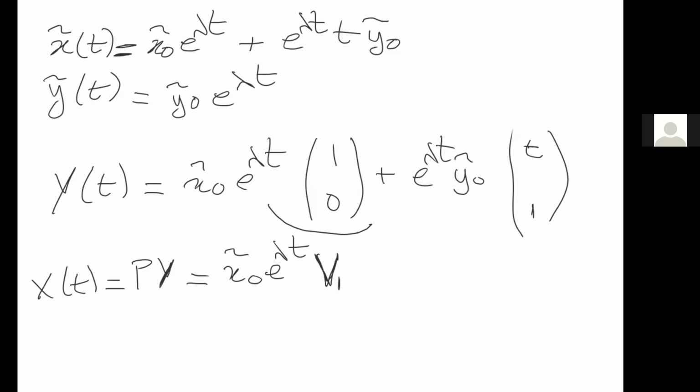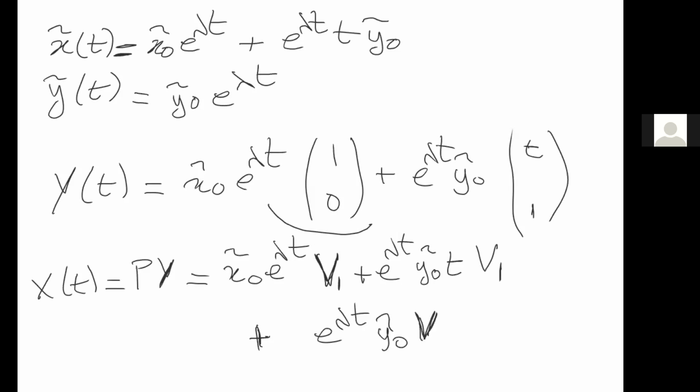I knew that this one already was a solution, plus, I will spread this one, so plus exponential lambda t y tilde node t v1 plus, and then P times (0, 1) is v2, so plus exponential lambda t y node v2.